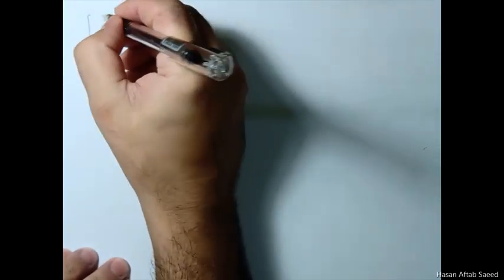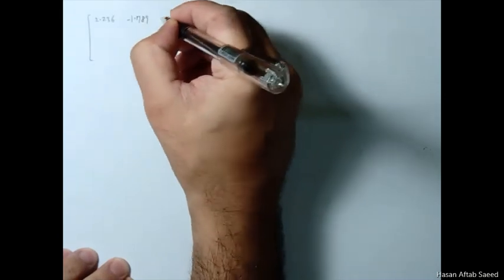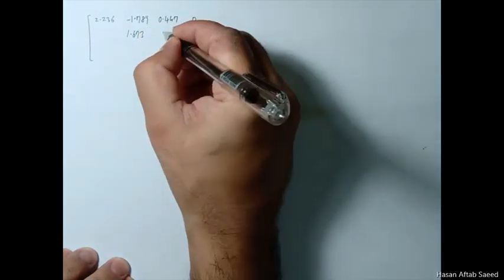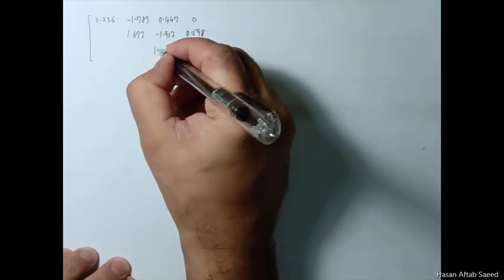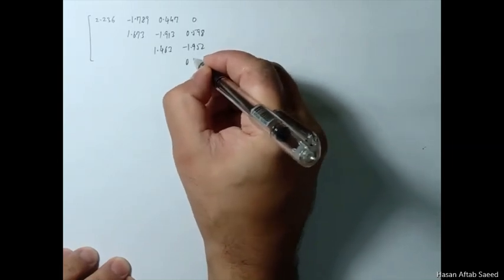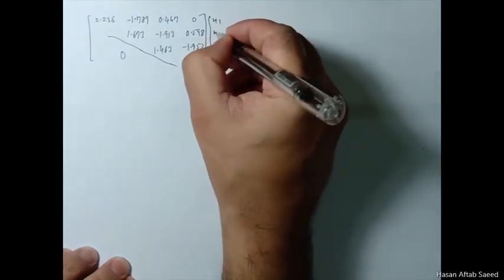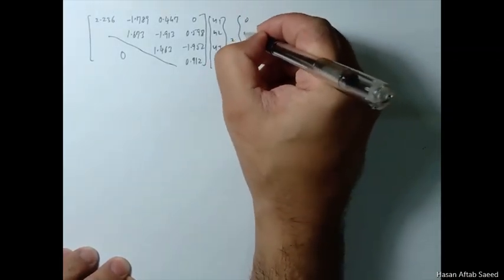So just bringing in the transpose of the lower triangular matrix here now. All these values are 0, and here we have u1, u2, u3 and u4, and these are the x values we have just calculated.